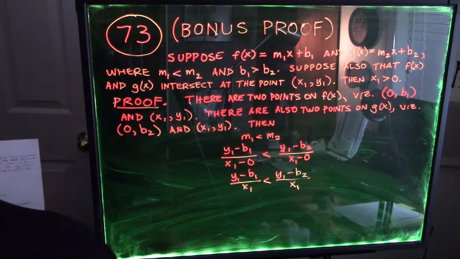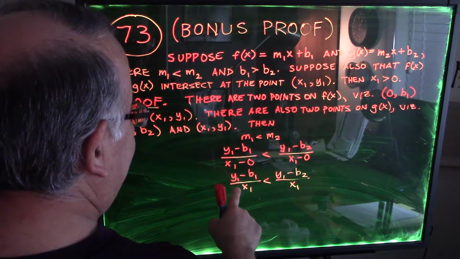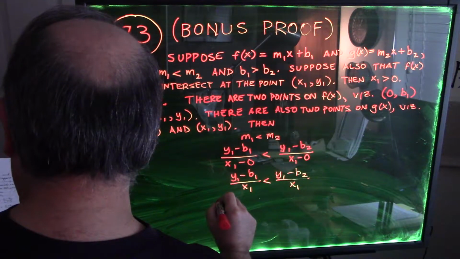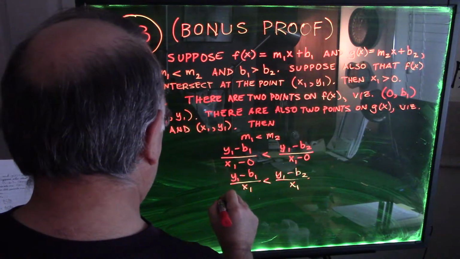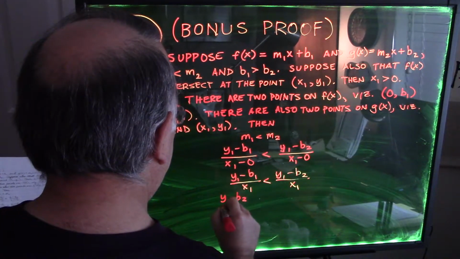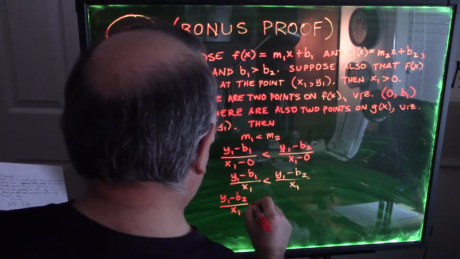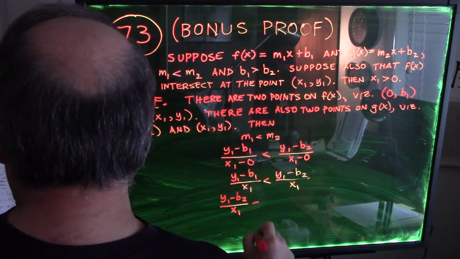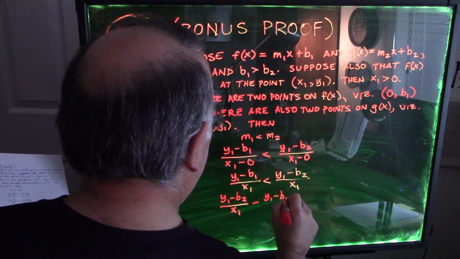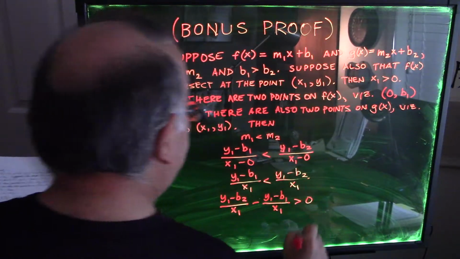So we've got y1 minus b2 over x1 minus y1 minus b1 over x1 is greater than 0.